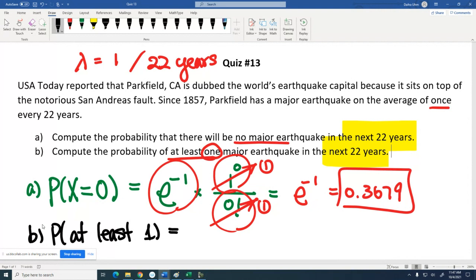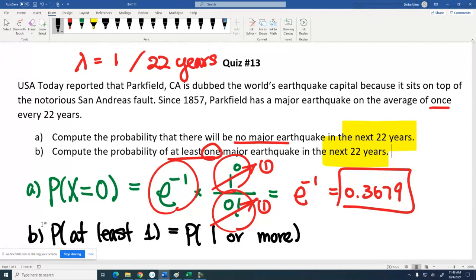It's not 21, right? Can you see the statement? If you want to drink, you must be at least 21. What does it mean? 21 or older, right? So please remember, at least means 1 or more. It is the probability of 1 or more.